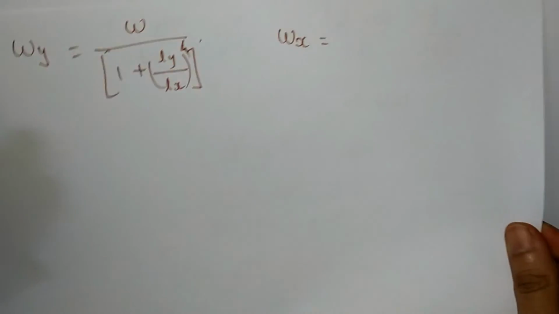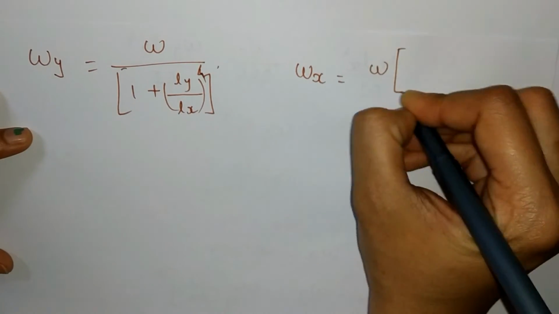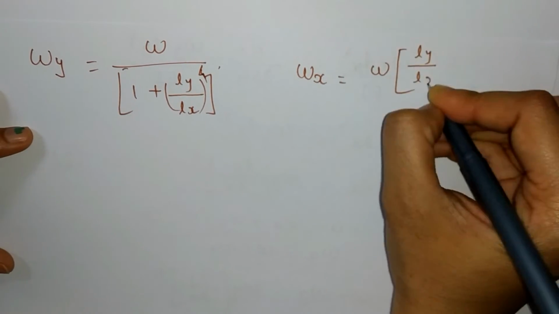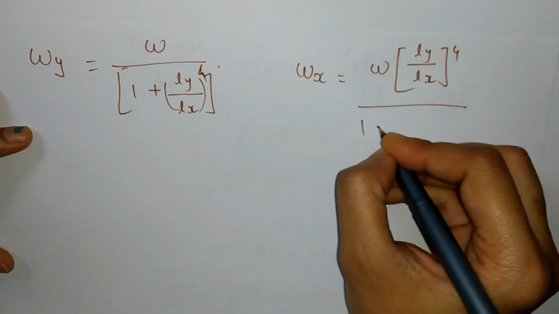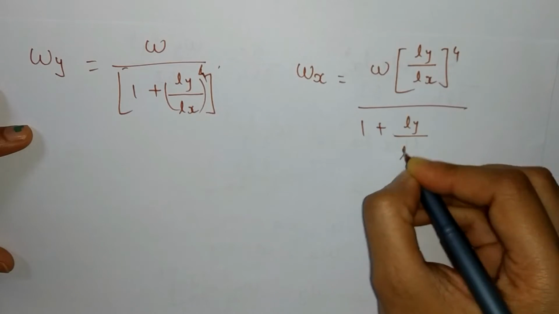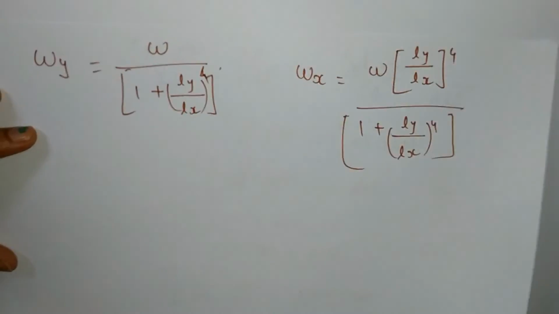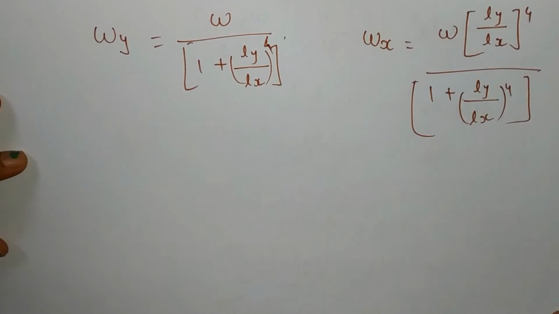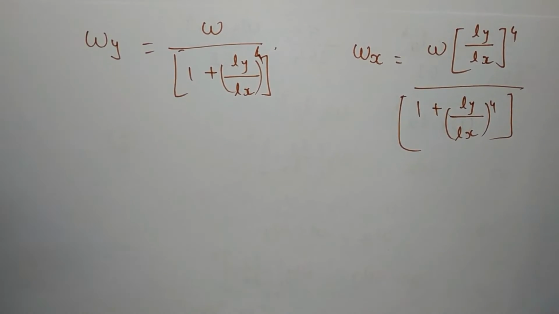Wx will be W Ly upon Lx raised to 4 upon 1 plus Ly upon Lx raised to 4. So we have two equations now for Wy and Wx.